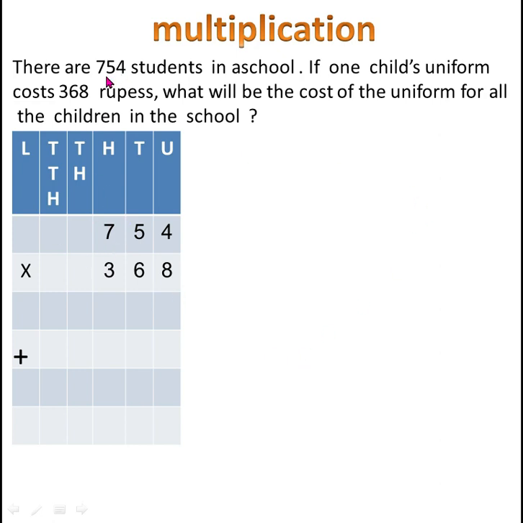The cost of one uniform is 368 and the total children are 754. So what will be the cost of all the children's uniforms? We will do the multiplication, 754 multiplied by 368.